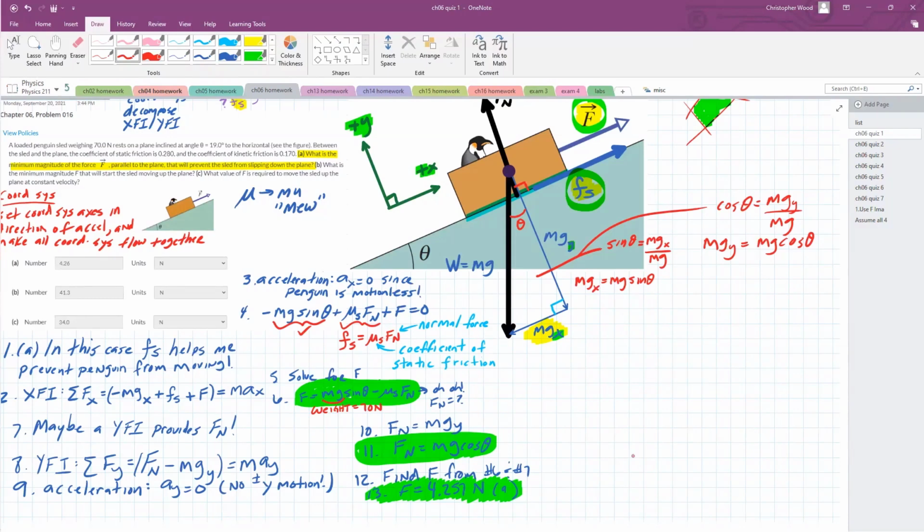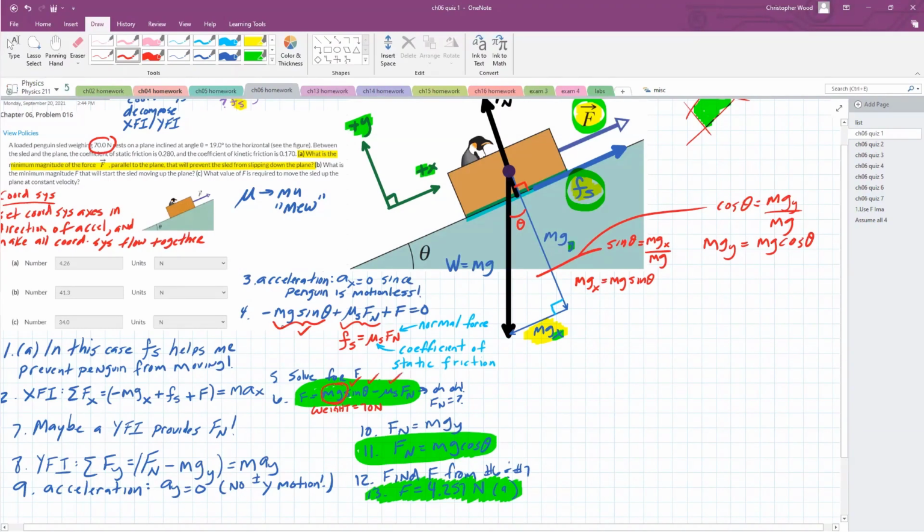Equation 6. Do you know mass? No, you don't know mass. You don't, but you do know mg. So you collectively, you know mg. For me, it's 70 newtons because it was given. Do you know theta? Yes. For me, theta is 19 degrees. Do you know mu sub s?